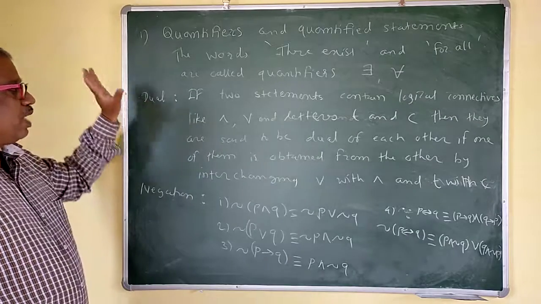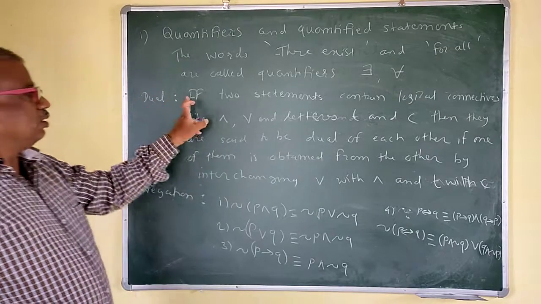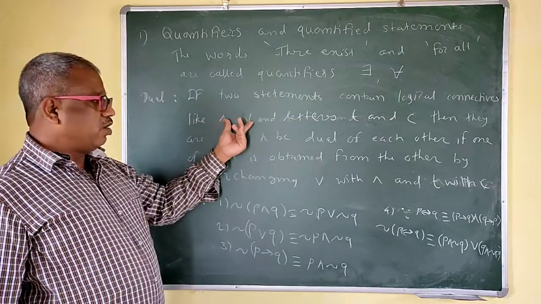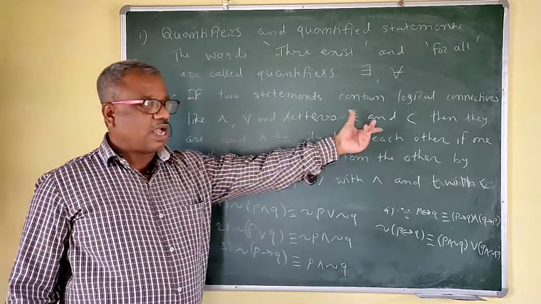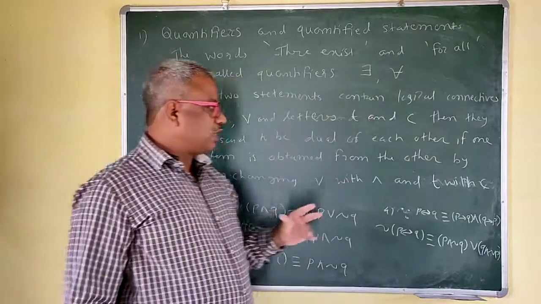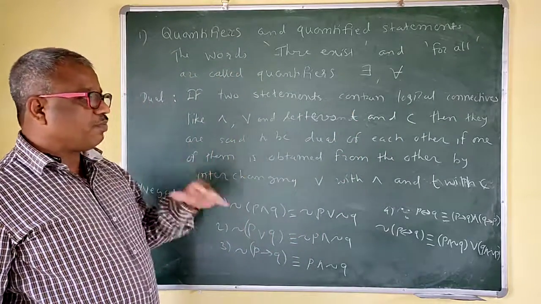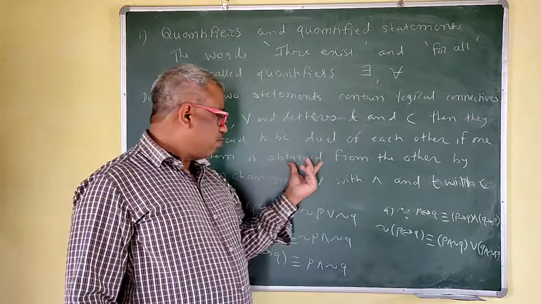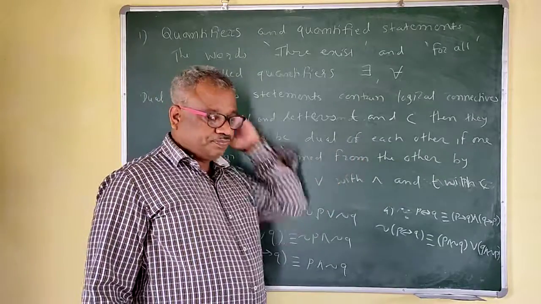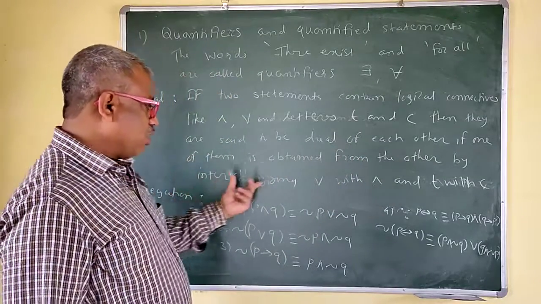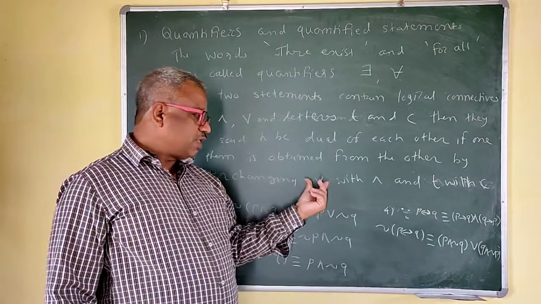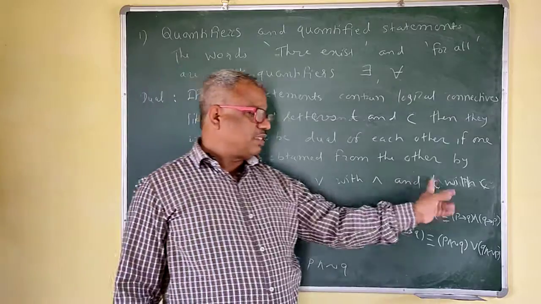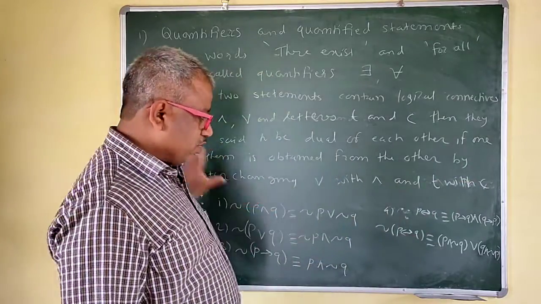Now what do we mean by dual? Dual means, if two statements contain logical connectives like and, or, and the letters T and C for tautology and contradiction, then they are said to be duals of each other if one of them is obtained from the other in such a way that we interchange and with or, and replace T with C and C with T in the statement pattern.